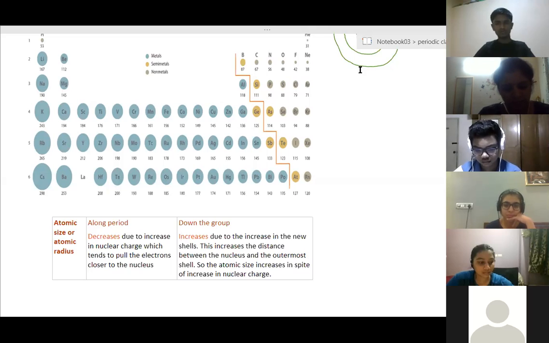And basicity and acidity. Along the period, basic properties decrease and acidic properties increase. On the metal side, first and second group, basic compounds, basic oxides or basicity keep on increasing down the group as metallic character increases. And on the non-metallic side, acidic properties keep on decreasing down the group.